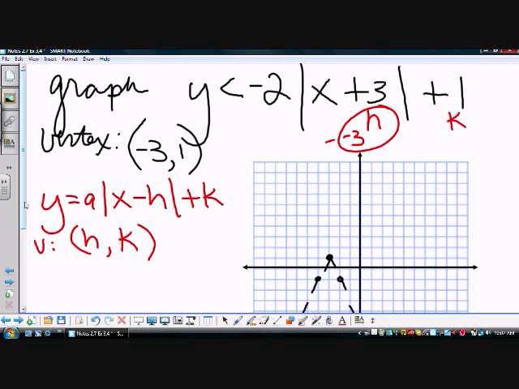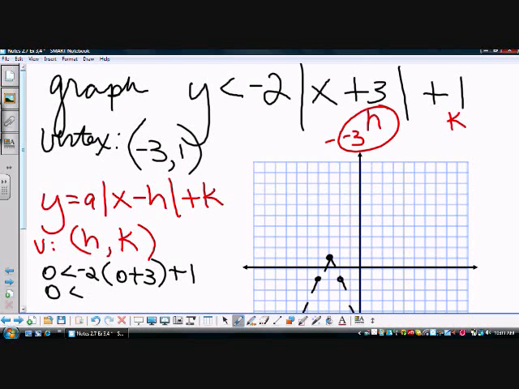All right. So I think I can test 0, 0 again to see where my shading goes, whether it goes inside or out. So I'll go back to the original inequality. Is 0 less than negative 2 times the absolute value of 0 plus 3 plus 1? On the constant with the x, you always end up changing the sign, and the other constant you don't. Okay.